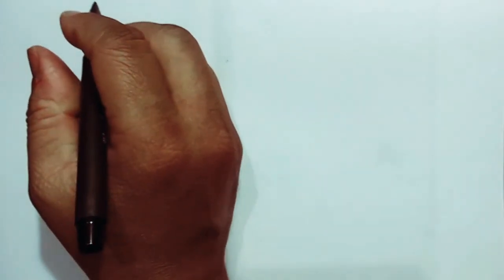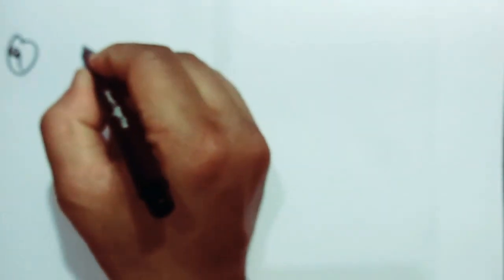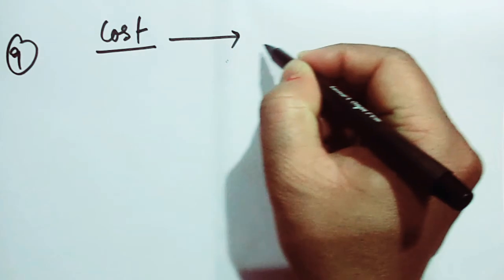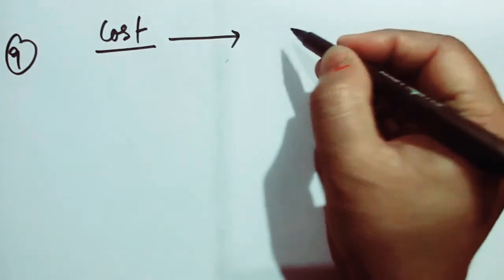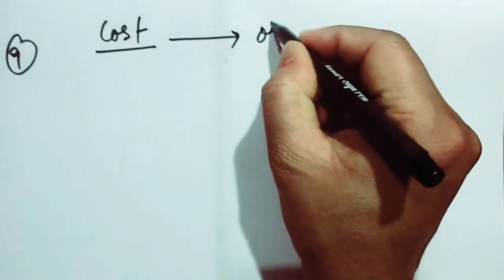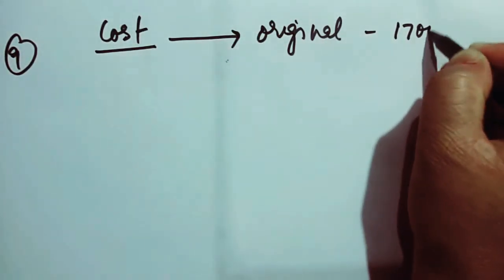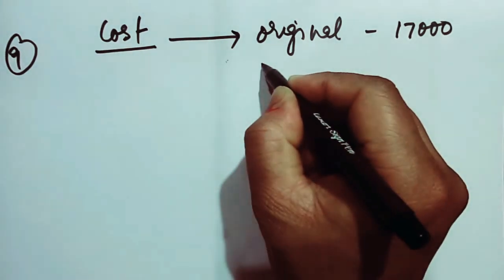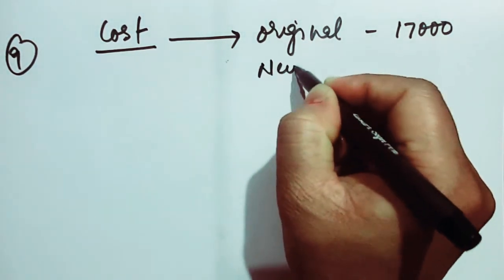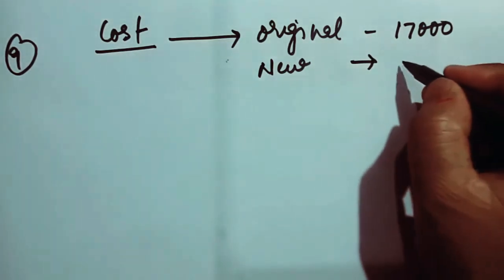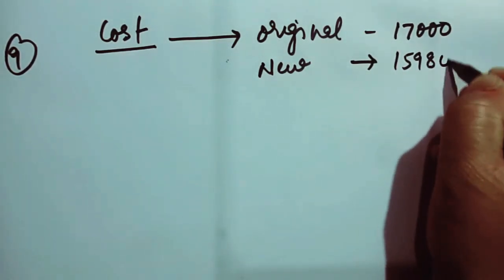Here we have number 9, the cost of an article. So they are talking about the cost of the article. The original cost was 17000, and the new cost becomes 15980.